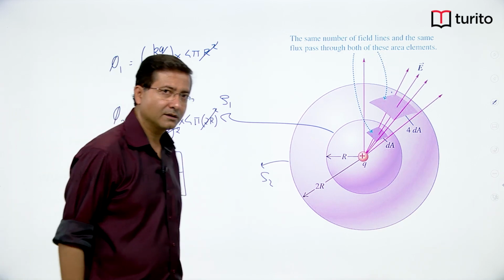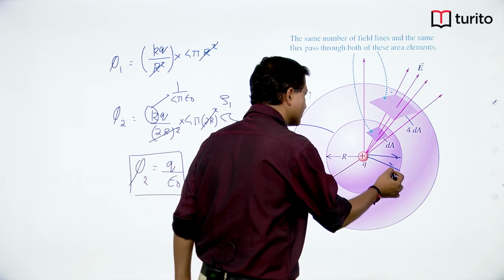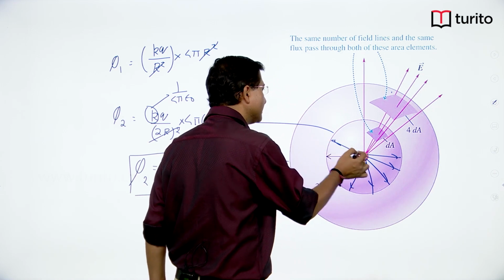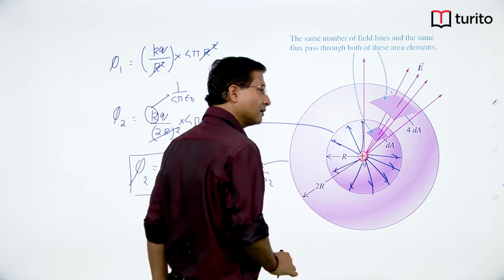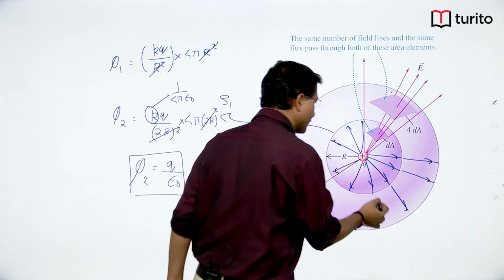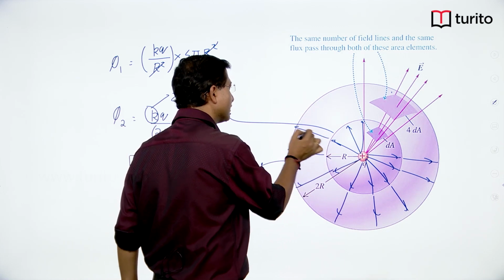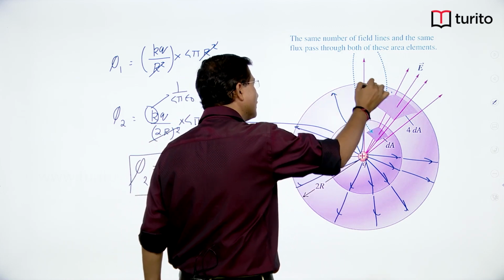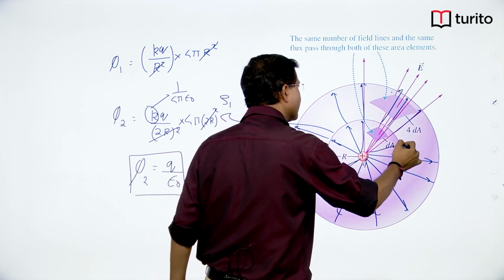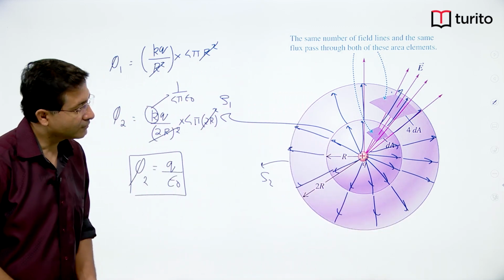Whatever lines originate from this positive charge, they will go till infinity and they will also cross this outer surface. So, all these lines crossing the inner one are also passing through the outer one.